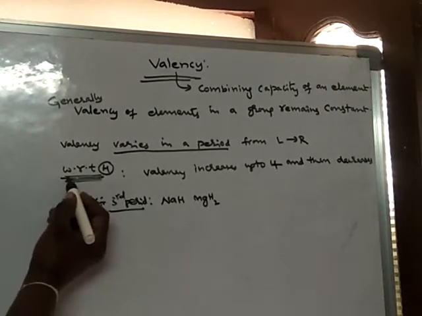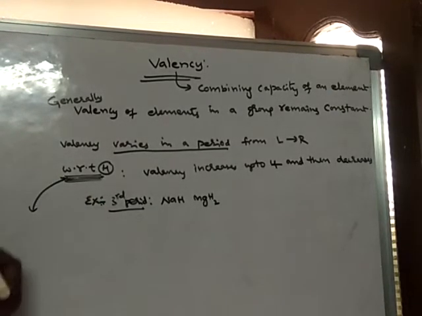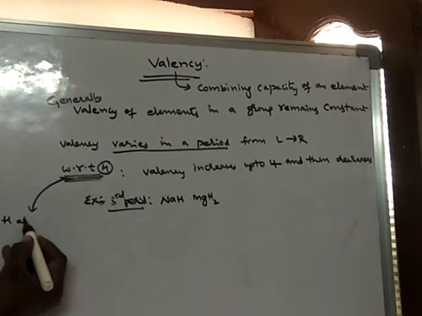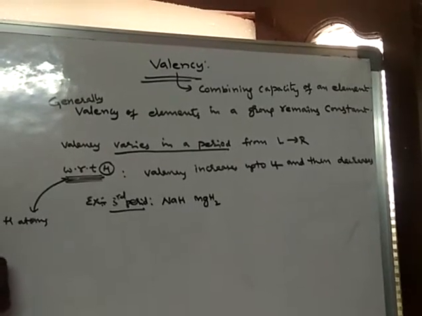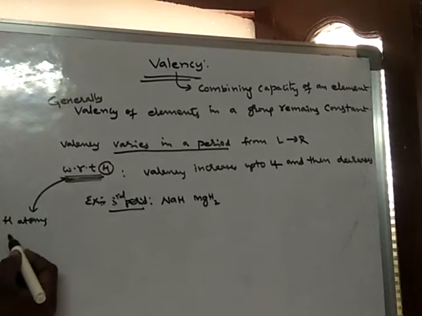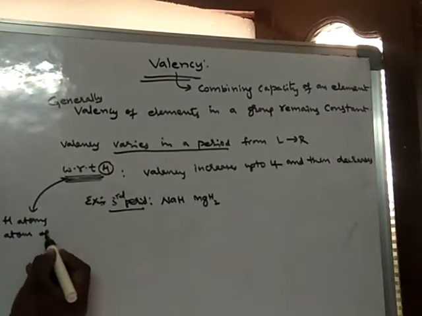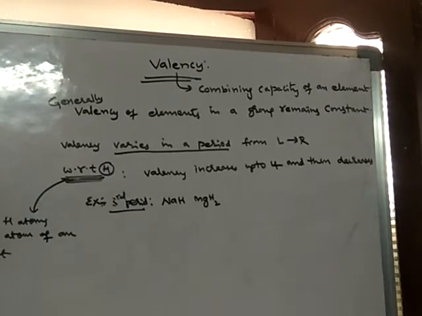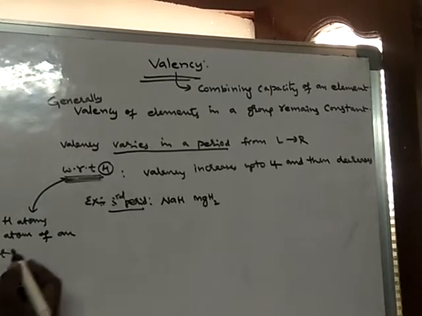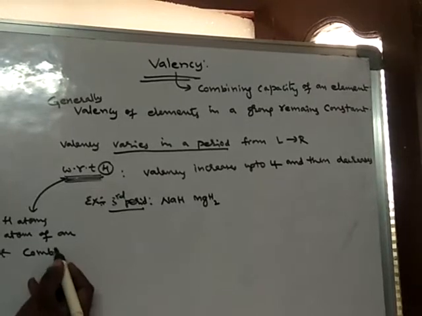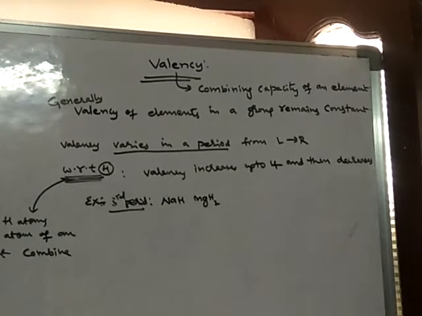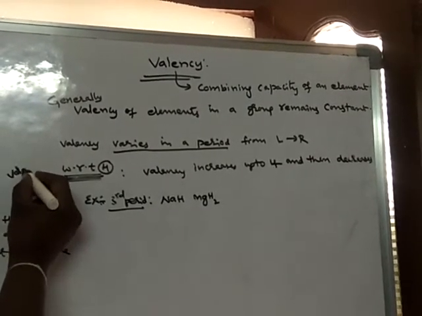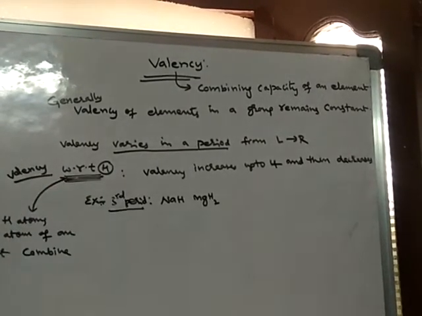So with respect to hydrogen, the number of hydrogen atoms that an atom of an element combines with is said to be its valency.